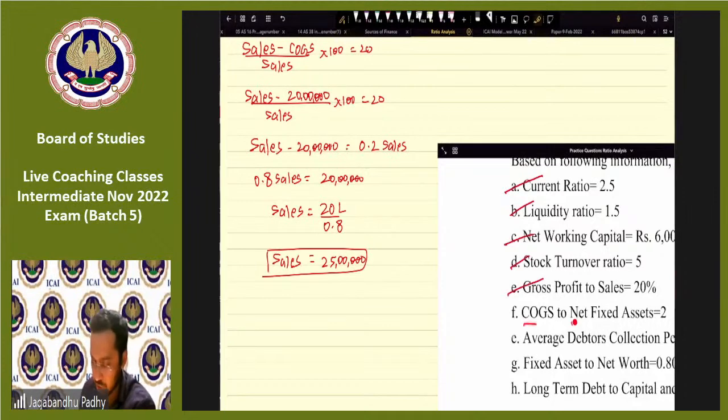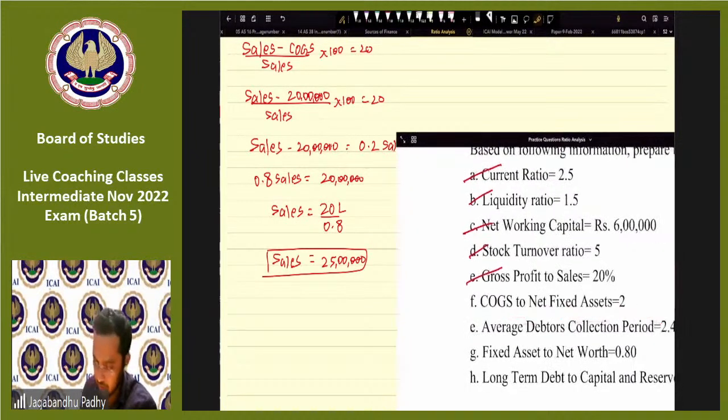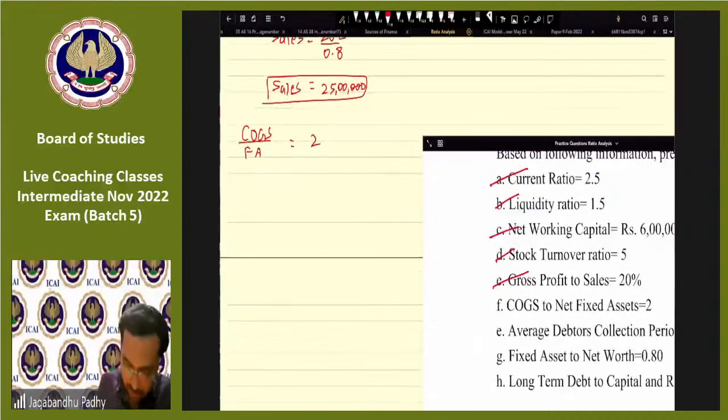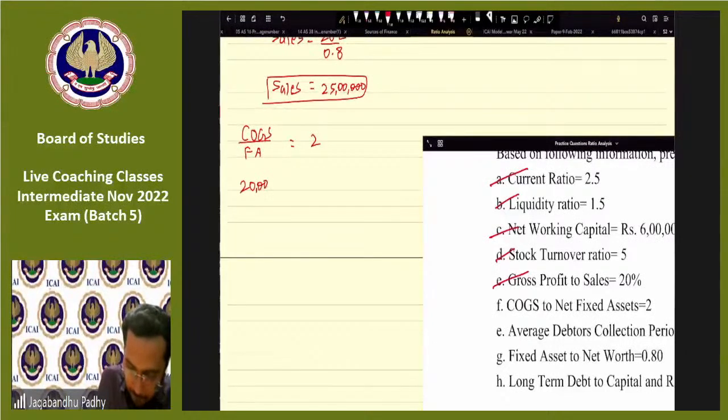Okay, so this is used. Now we have COGS to net fixed assets as 2. As per the formula, we have COGS upon fixed asset as 2. We know COGS is 20 lakh, upon fixed asset is 2.